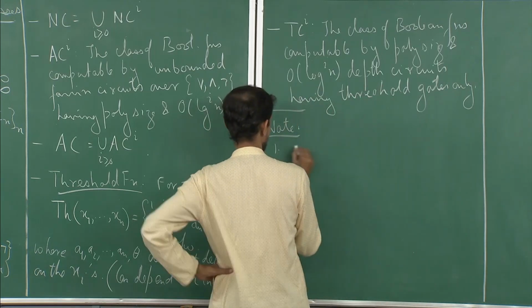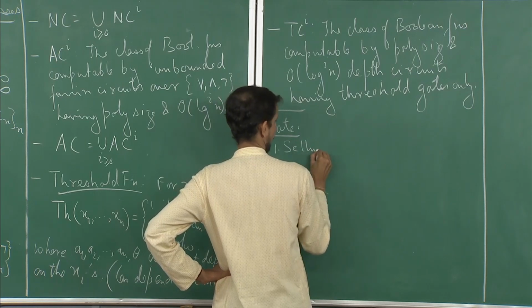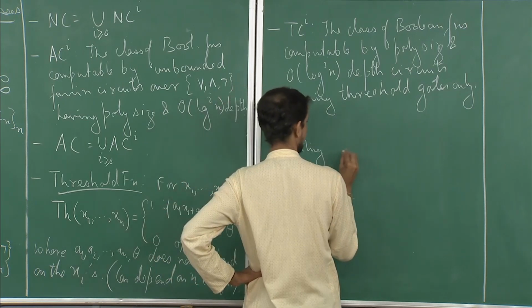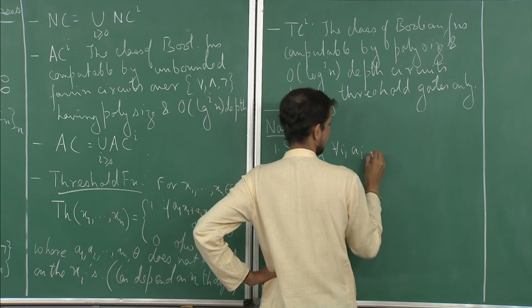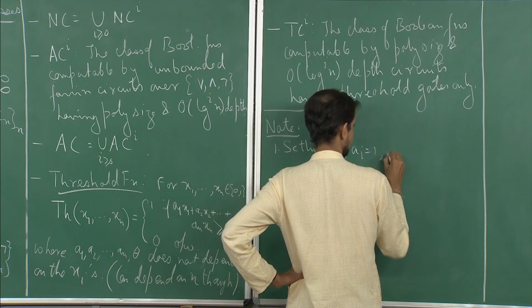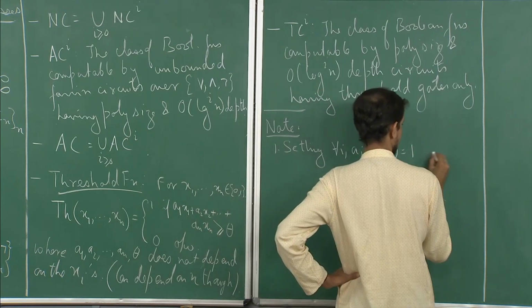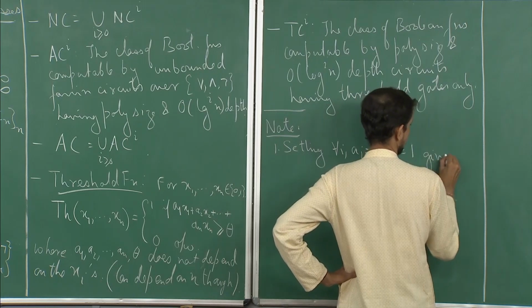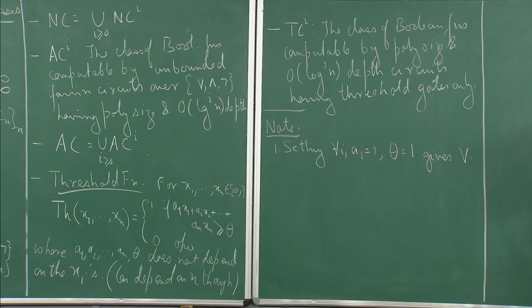So setting for all i, ai equal to 1 and theta equal to 1 gives us the unbounded fan-in OR gate. Okay.